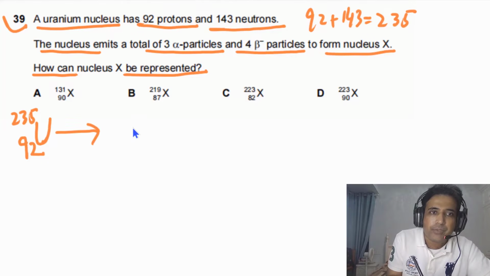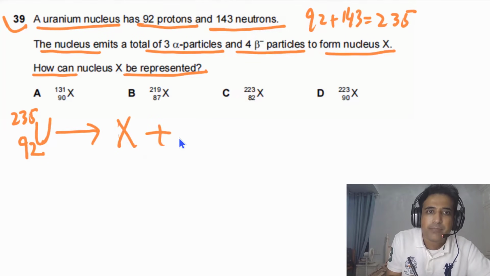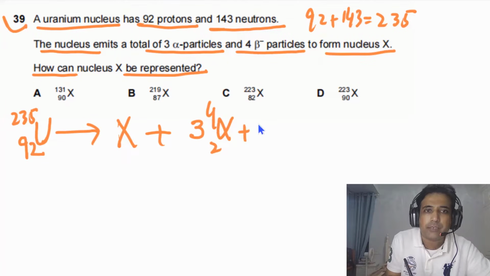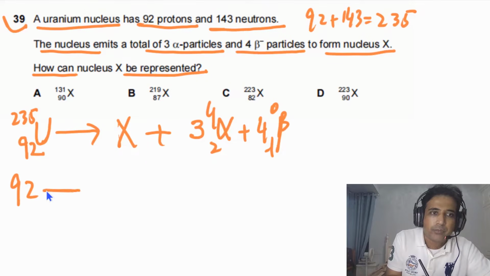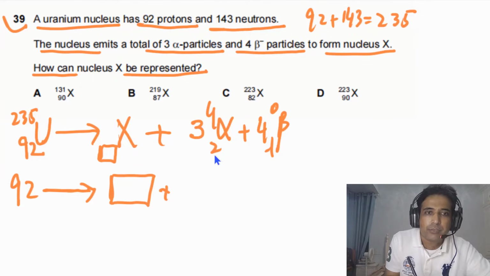235. It forms nucleus X and it emits 3 alpha particles, and it emits 4 beta minus particles. In this case, atomic number has to be conserved. So we can write on here the atomic number of X. It emits 3 alpha particles, meaning it will decrease by 6.